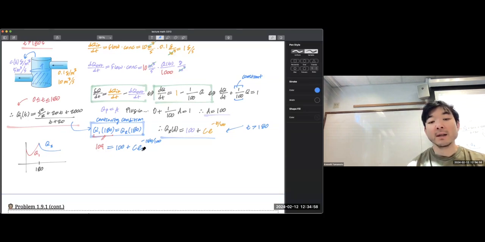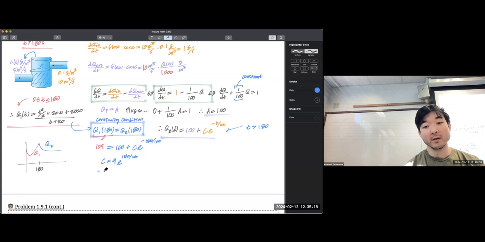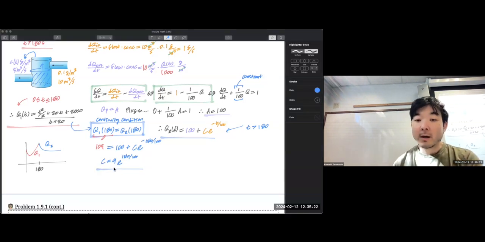And then you multiply by e to the positive 180 over 100, so you'll just get 9 times that. And so that's the c. I guess the 180 over 100 could be simplified to 9 over 5 or something. So once you have that c, that goes into this c right here. And we've got our full solution.